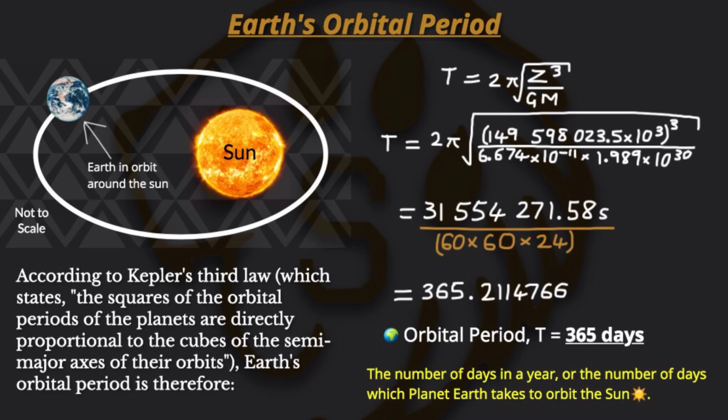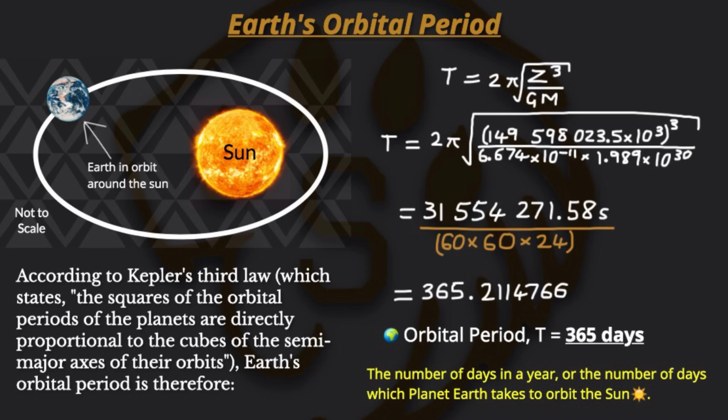Like I said, we're going to use the semi-major axis, that's why you see the a there, which means we need to assume a circular orbit to get the average, more accurate figure that we can deal with in our calculations. So the period is equal to 2 pi times the square root of the fraction a cubed over the gravitational constant multiplied by the mass of the Sun.